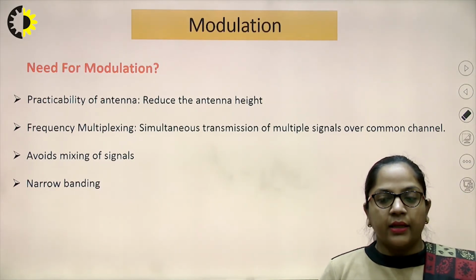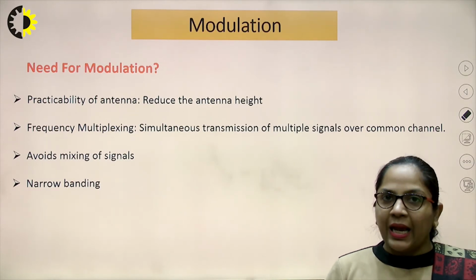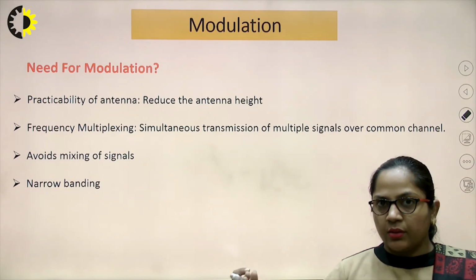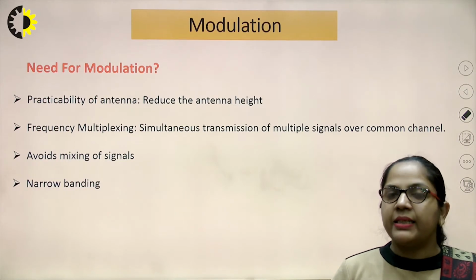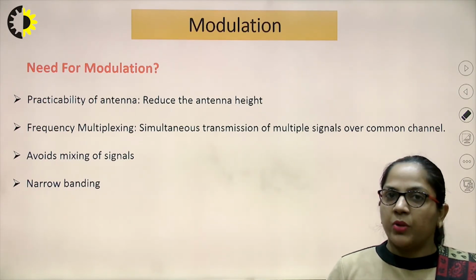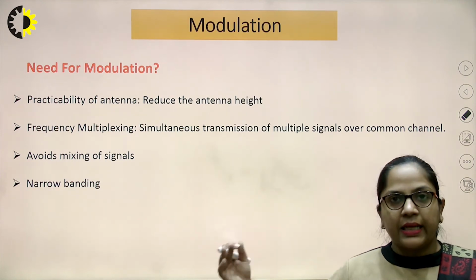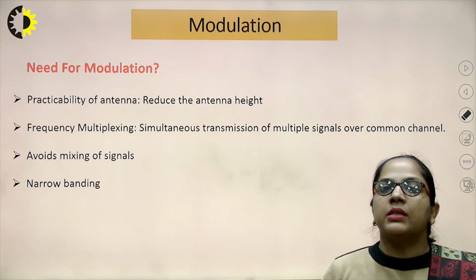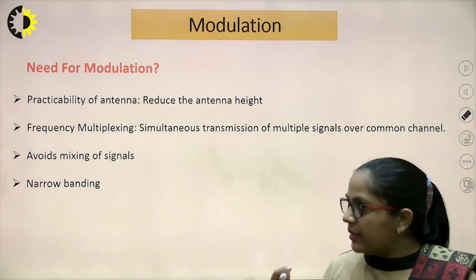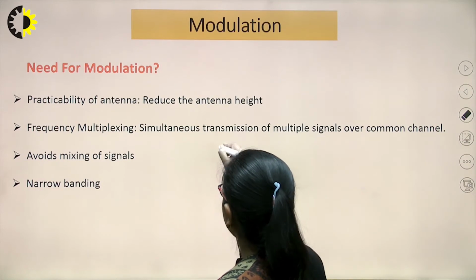For example, if there are 5 persons in a room and they want to talk to a person at the same time, then all 5 of them will have almost the same frequency of voice signal, and that person will not be able to listen to anything.